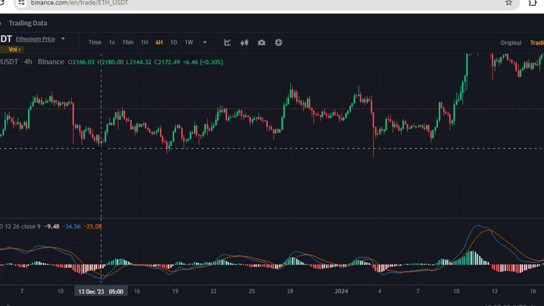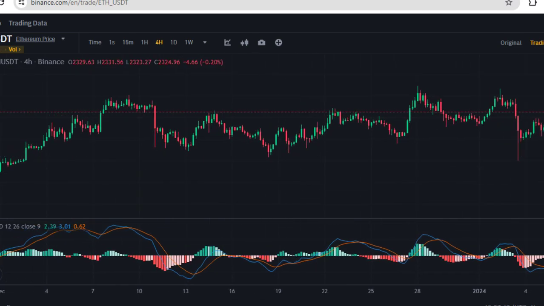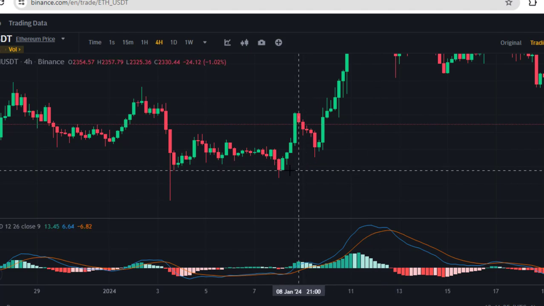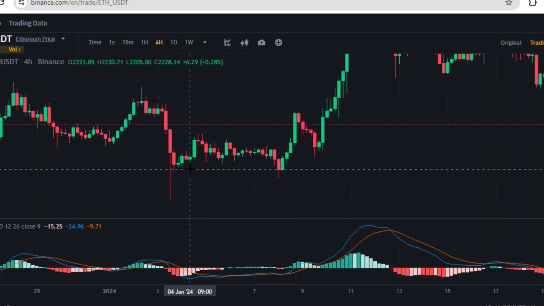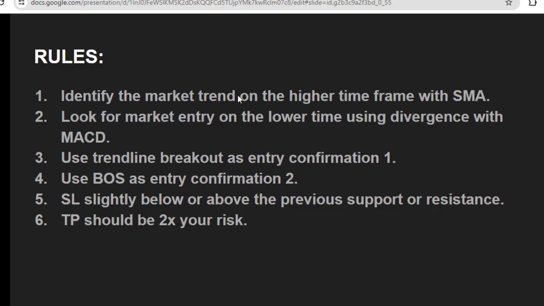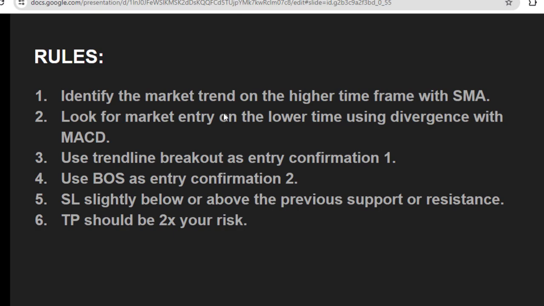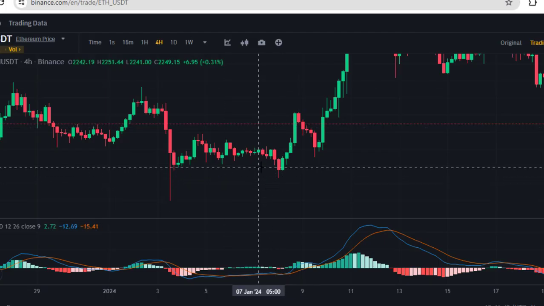As you can see right at this point, there is a divergence on this area of the chart. We see a perfect divergence. The first rule, we've already seen that the market is moving upward, and then the second rule in this strategy is lower time frame divergence with MACD. So that is what we want to do right now.